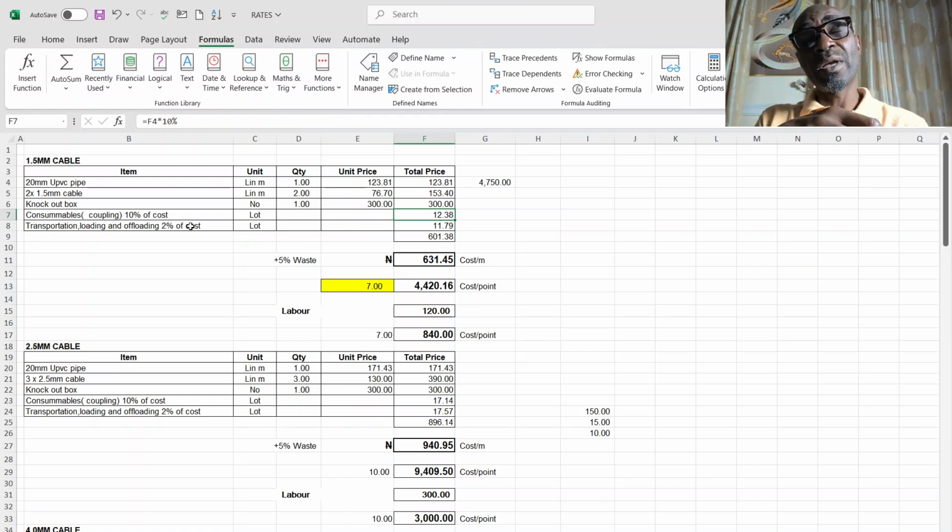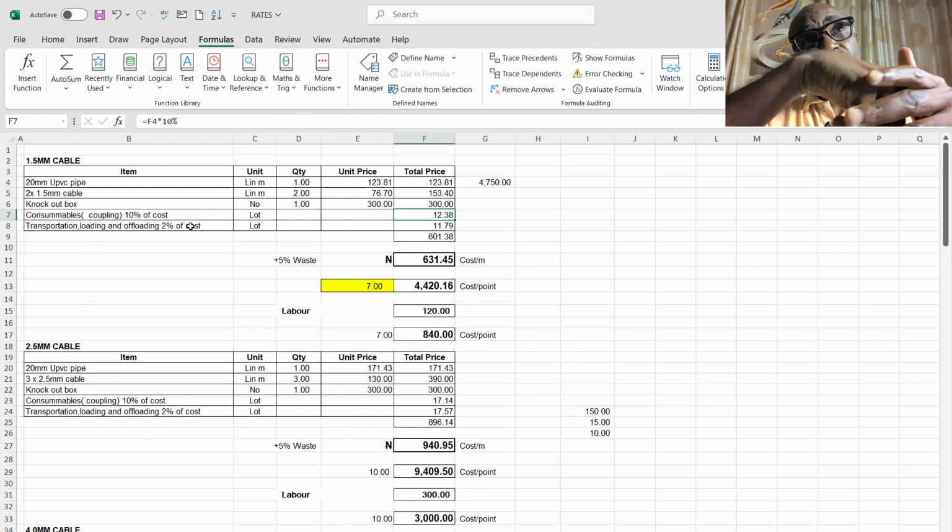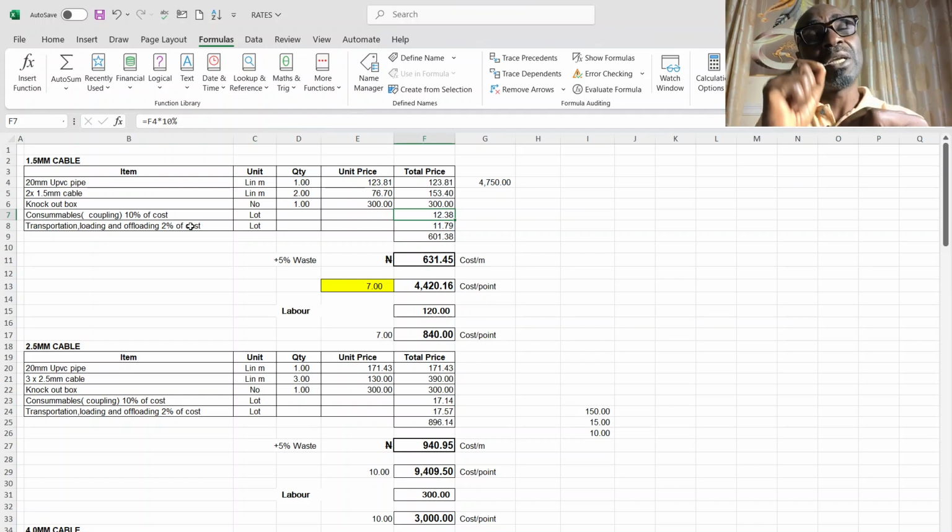of the cost of the couplings and the bushes to the pipe, rather than saying that for each of the knockout boxes we are going to have a bush, a coupling, and all of that, I'll just apply that percentage to the cost of piping, and it gives me the cost.